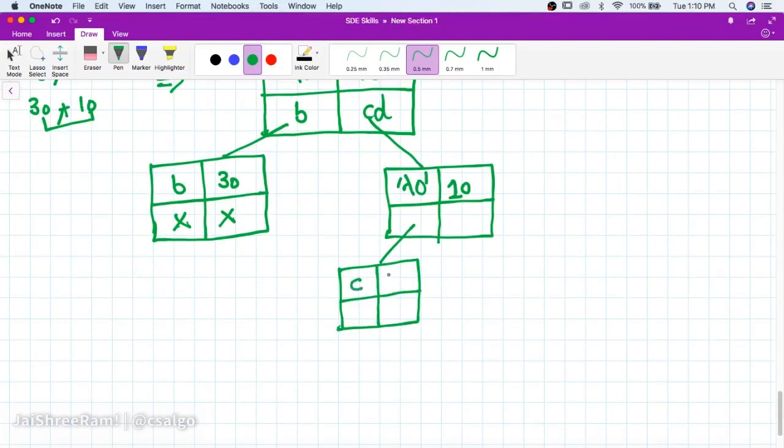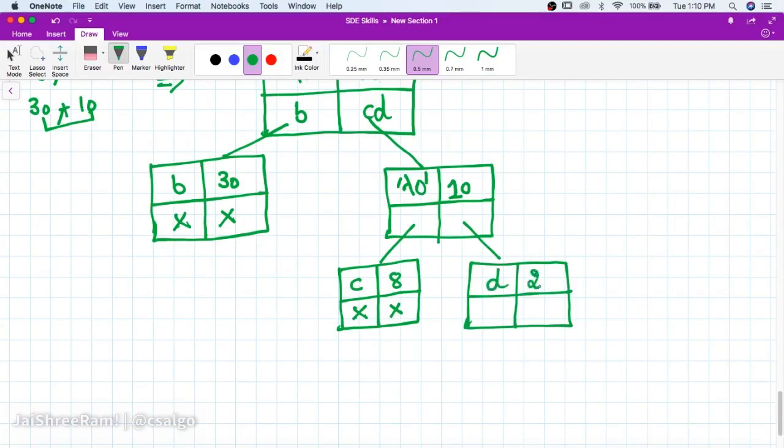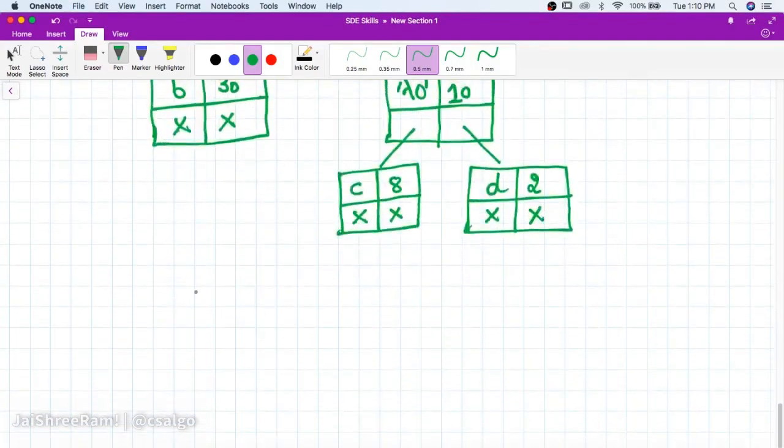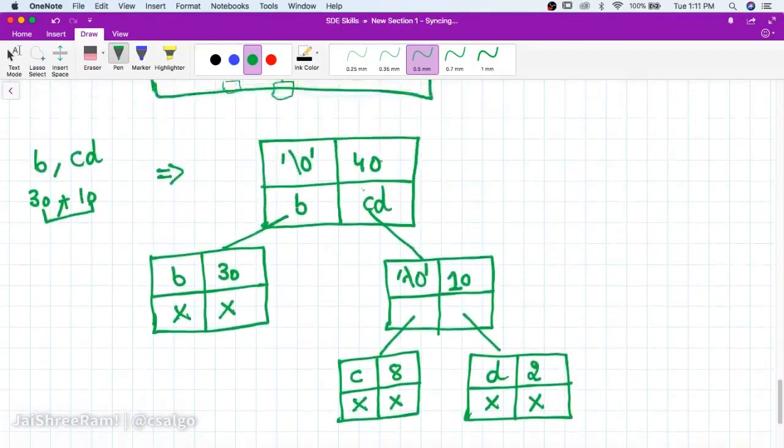So C, its cost was 8, its left was null, its right was null, and now D, its cost is 2, its left is null, and its right is null. So we have this structure. Now we will insert this node into our heap again.